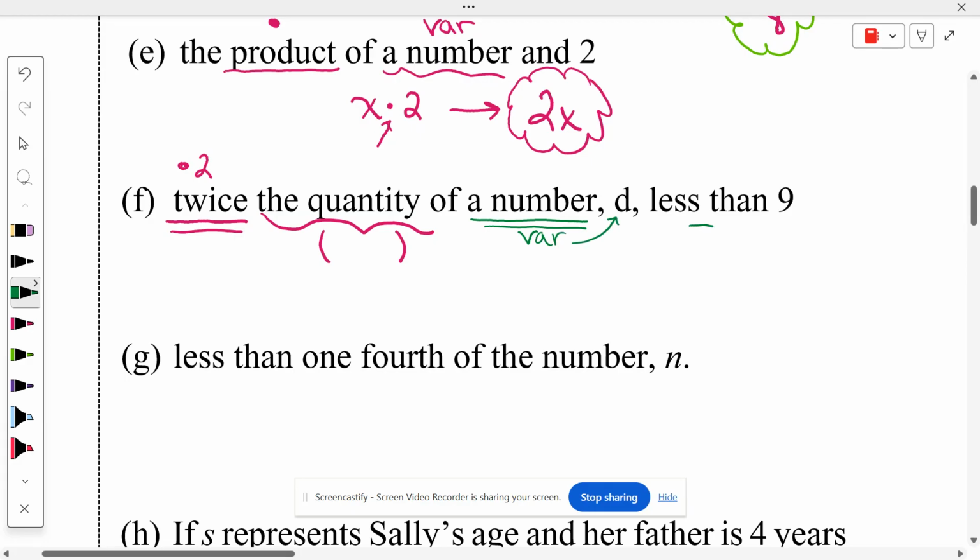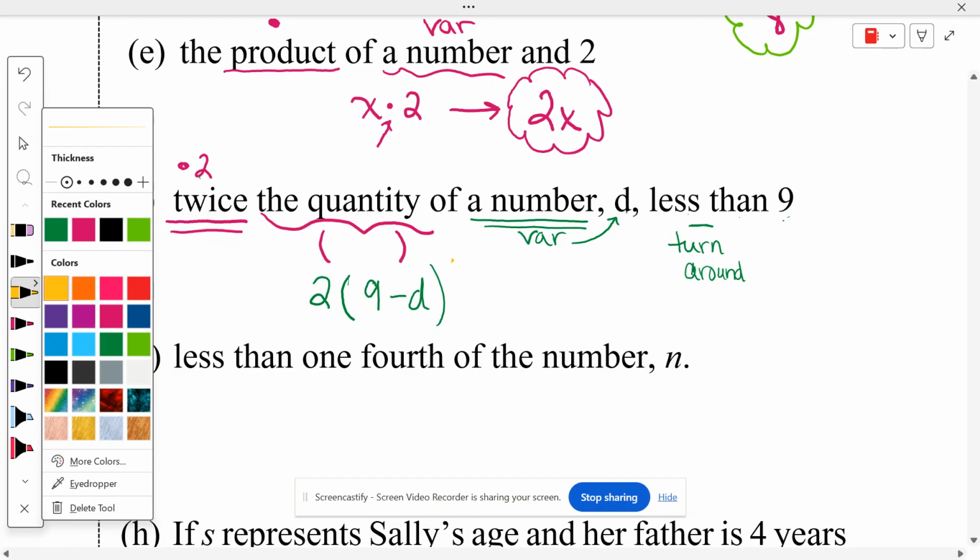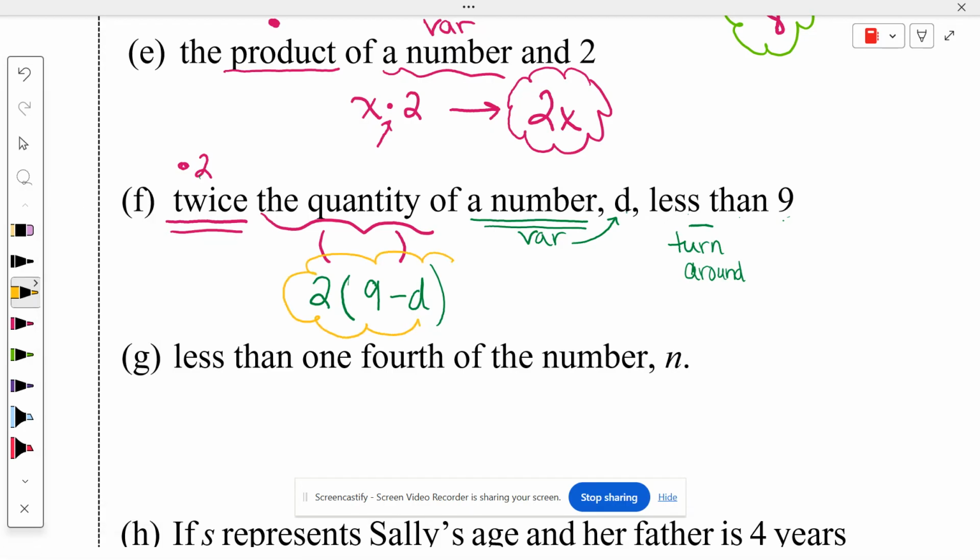Less than, that means subtract, but it's a turnaround. 9. So in the parenthesis, d less than 9. That's 9 minus d. What are we doing outside the parenthesis? We're multiplying it by 2. So 2 times the quantity of 9 minus d.